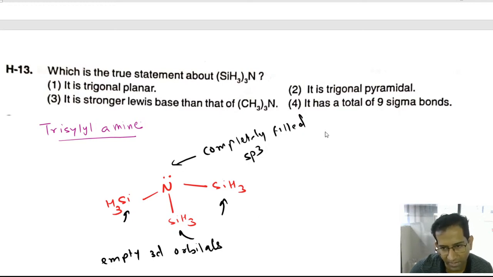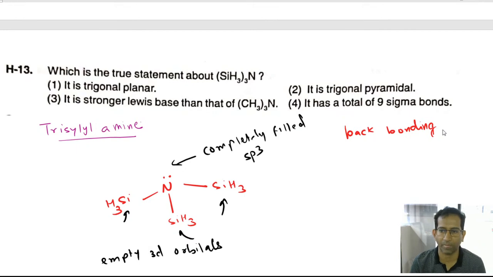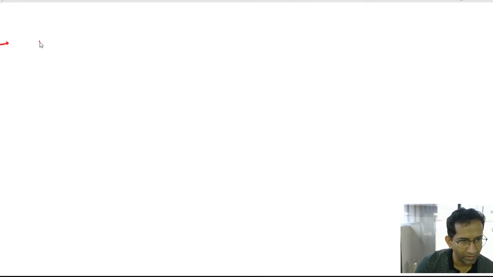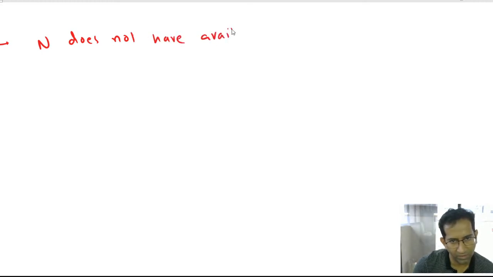So what happens in this case is back bonding. Due to that back bonding, this nitrogen does not have its lone pair available for donation.